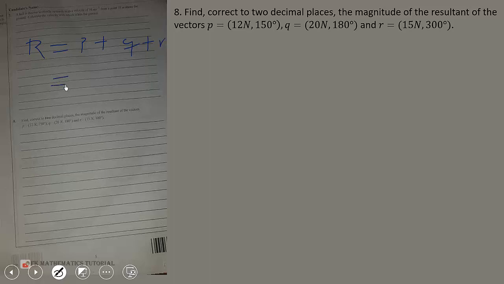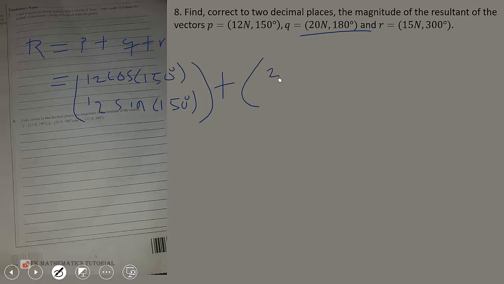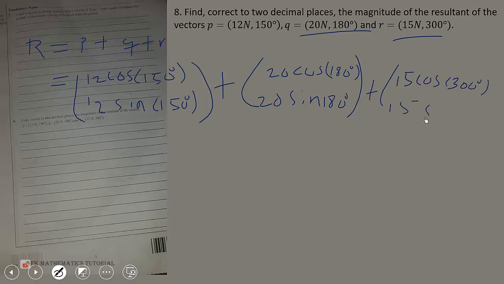So we have 12 cos 150 degrees, then 12 sine 150 degrees, then we add 20 cos 180 degrees, then 20 sine 180 degrees, then finally 15 cos 300 degrees, and 15 sine 300 degrees.